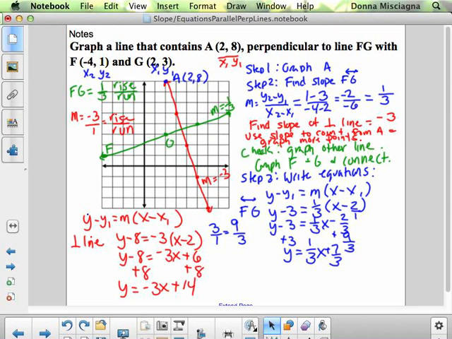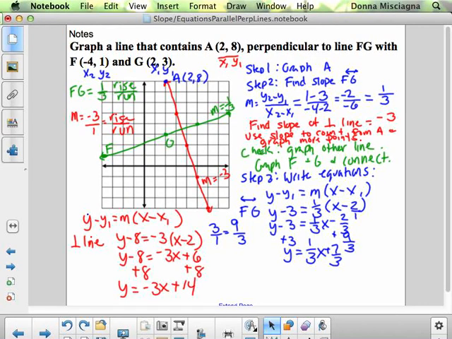As a check, we can graph the line that we're given, F and G, or line FG. And we can see once we graph the line that those are indeed perpendicular because their slopes are negative reciprocals. And then to write the equations of the lines, if we land on the y-intercept at an integer value, then we can write the equation in slope-intercept form, as we did in the previous problem.